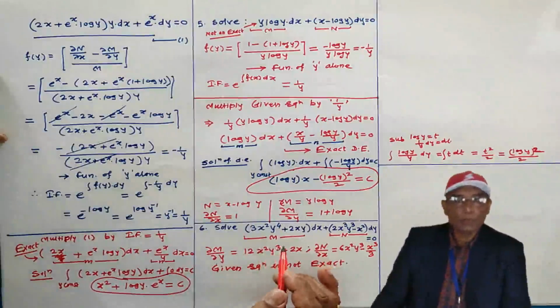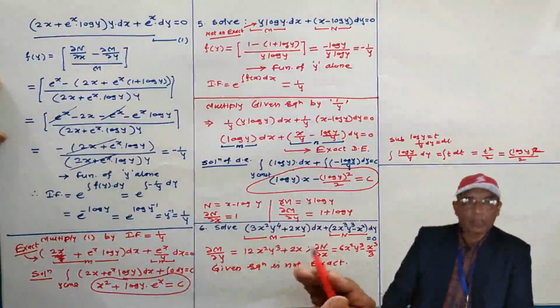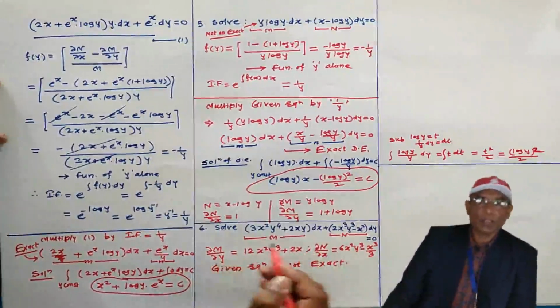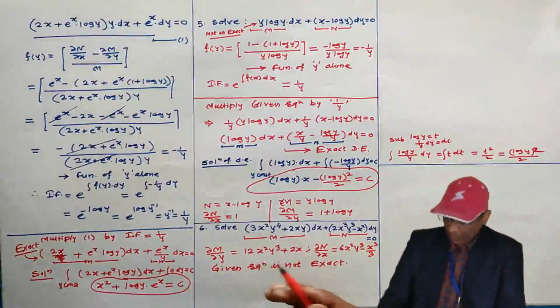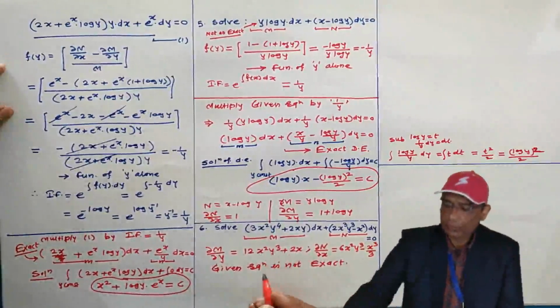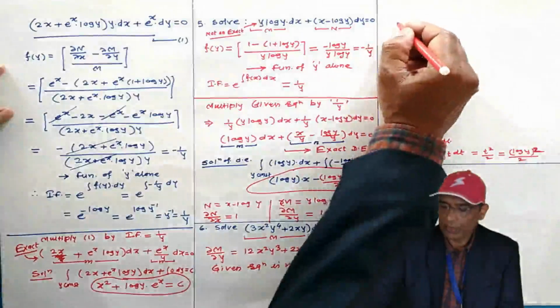Then coming to fx, you try to check whether fx is a function of x alone. I am not going to check, but you can check for your satisfaction. Fy I am going to find.